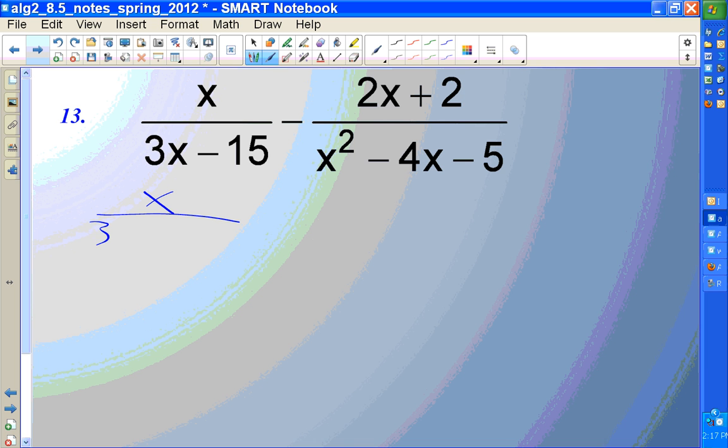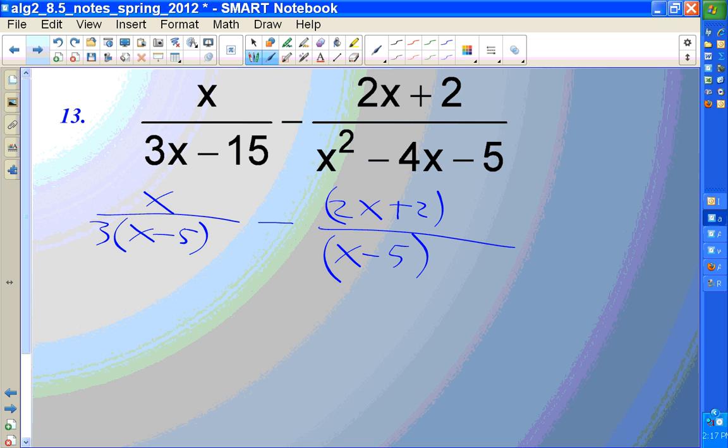Factor out a 3. I'm going to leave this 2x plus 2. How does the right factor? Excellent. x minus 5 and x plus 1.